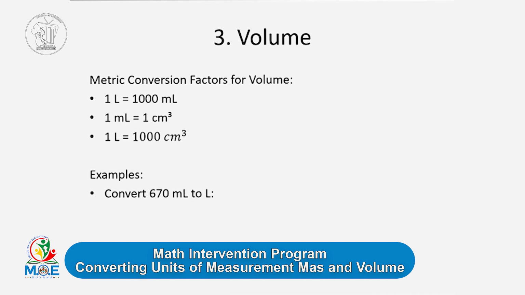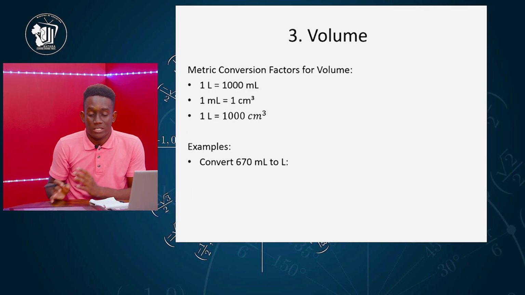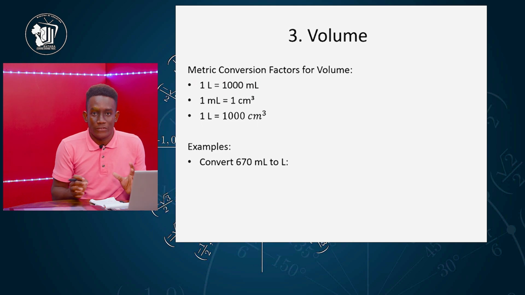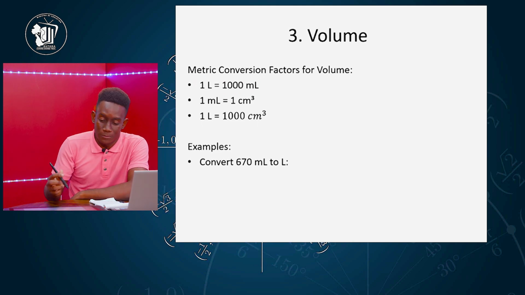Let's look at another example. In this example, we want to convert 670 milliliters to liters. So once again, we are using the same conversion rate, but in this case, we are converting from milliliters to liters. So milliliters is the smaller of the unit. So to convert, we have to divide by the 1000.